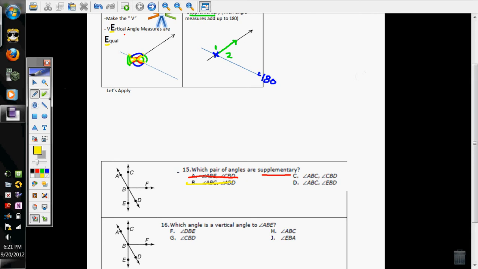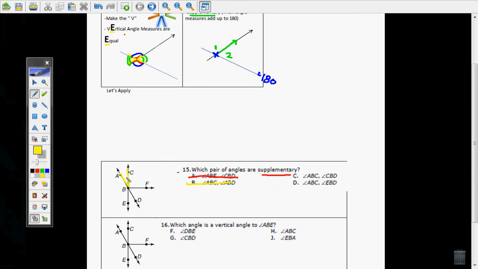Next angles that we want to compare are ABC. So let's highlight that. ABC, so this angle right here. And we're going to look at that one and CBD. CBD.